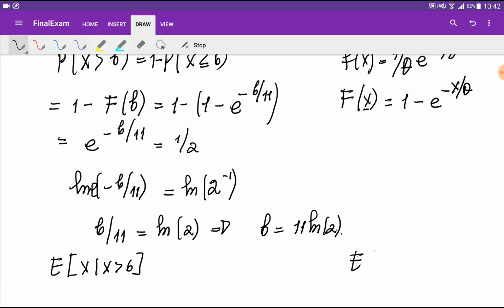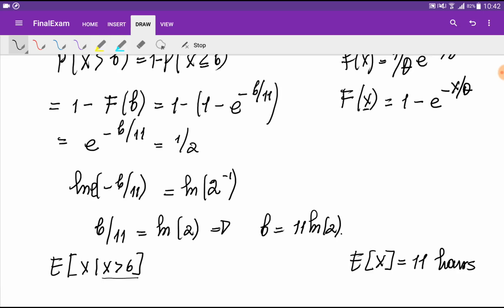We are given that the expected time that the component works is 11 hours. So if the component has already worked for 6 hours, what is the expected time of this component?